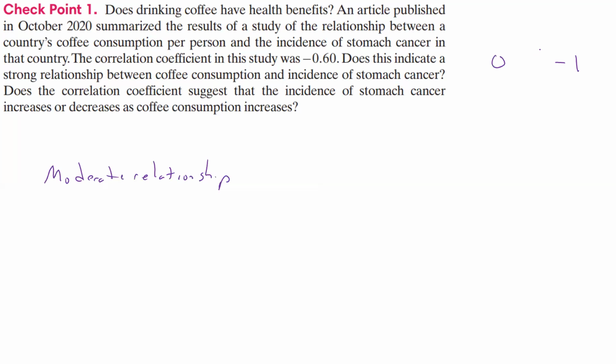It's just above negative 0.5, so it's closer to the -1 side. So I'd say moderate. And since it's negative, it's going to be decreases for that second part, because again we're going down, and so the rate of cancer should be going down as coffee consumption goes up. Okay, so that's that one. Let's pause there and we'll come back for some more.